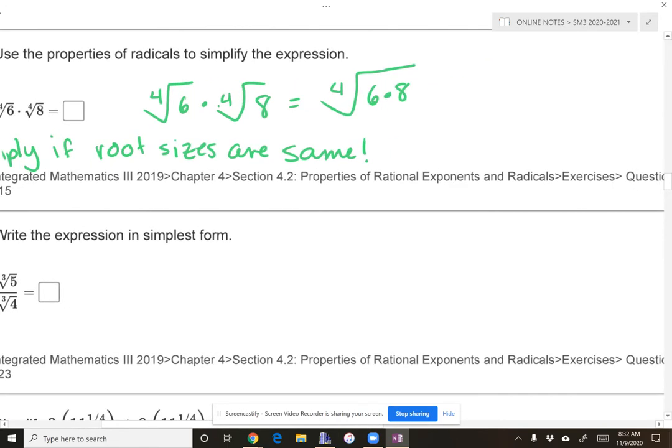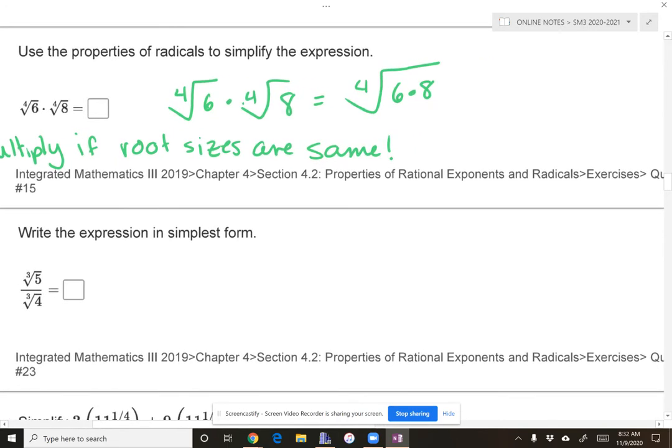What it wants you to do is break things out and simplify by finding groups of 4, because our root size is 4. So 6 is 2 times 3, and 8 is 2 times 4, and 4 is 2 times 2. Do you see how I have 4 different 2's in there?